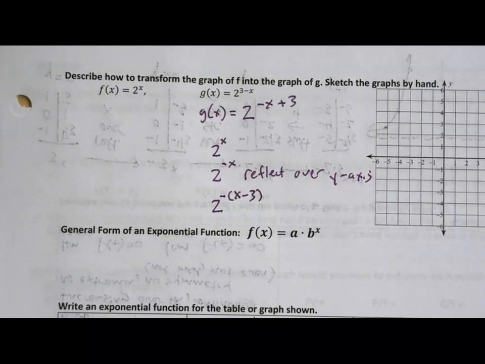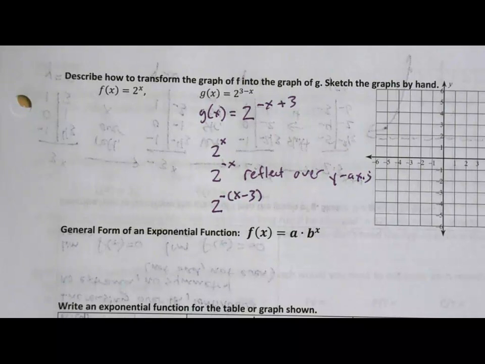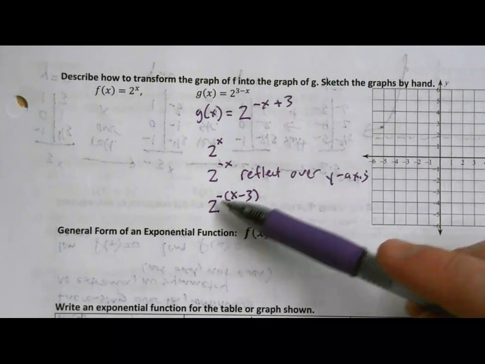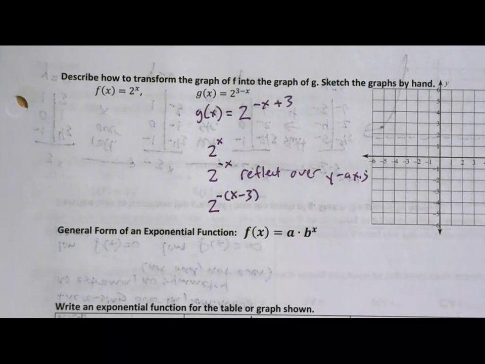Right? When we're doing anything on the inside of the function, we remove the x, stick a parentheses where it is, and then whatever we do to the x goes inside of that parentheses. And if I want this to be a plus 3, because I got a negative on the outside, this is going to have to be a minus 3 in here.